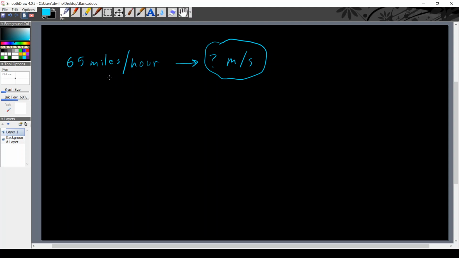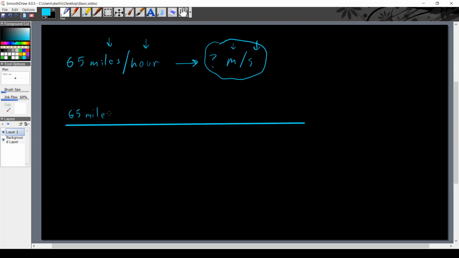So I'm going to start in miles per hour and convert to meters per second. And here's what I want you to see. You have a distance and a time, and you're going to need to convert to a new distance and a new time. However, never fear, you can do all of that in one fell swoop. So let's go ahead and make our nice big long line, and we're going to start off with what we're given, 65 miles.